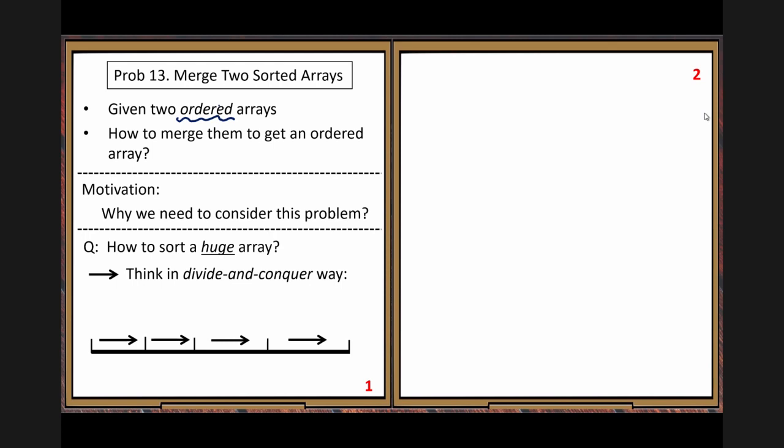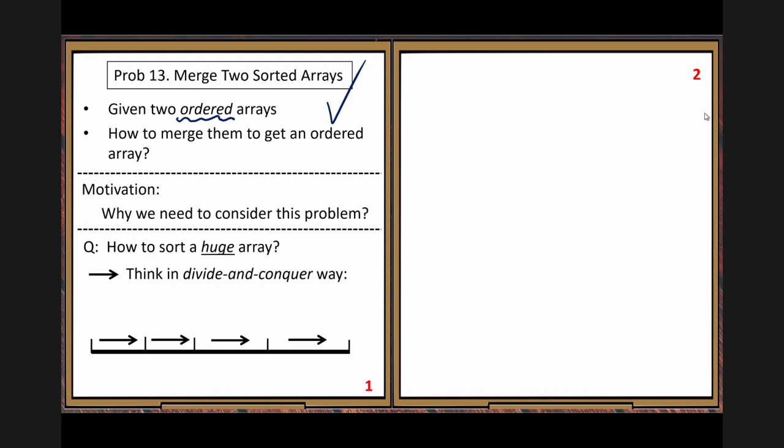This time, what we need to do is this basic merge step. Merge the first two ordered subarrays. After that, merge another two ordered subarrays, until we finish all the possible merges.